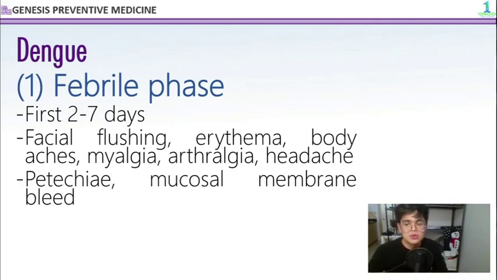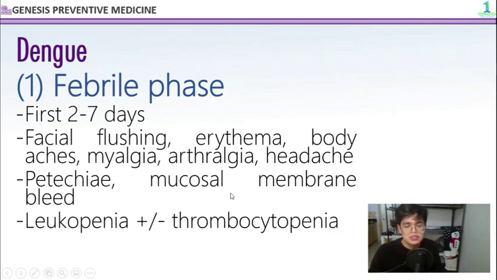In addition to sore throat, injected pharynx, conjunctival injection, anorexia, and the PE findings include petechiae and mucosal membrane bleeding as manifestations of thrombocytopenia, low platelet count. Mild hemorrhagic manifestations are seen. In the CBCs, as I have mentioned, there is progressive decrease in the total WBC count, leukopenia, with or without thrombocytopenia in this phase.